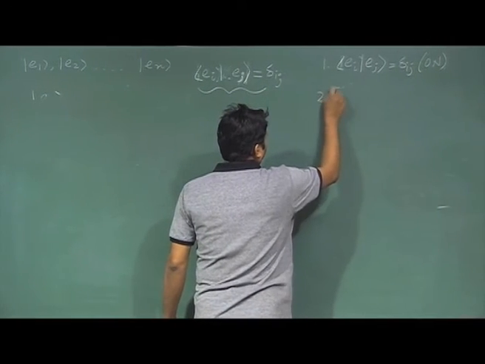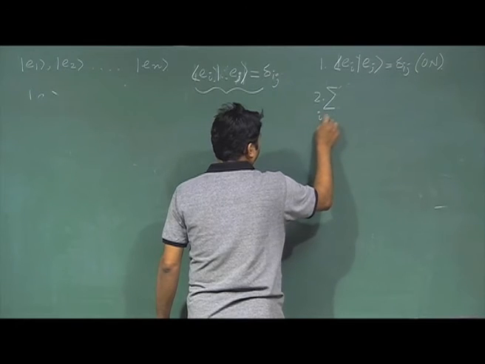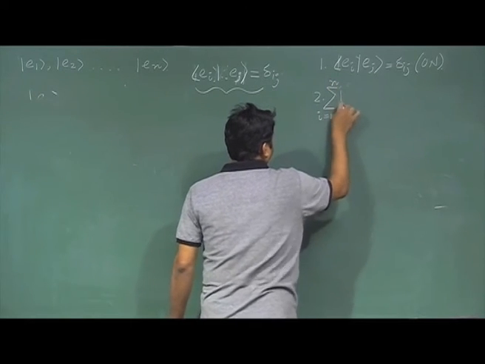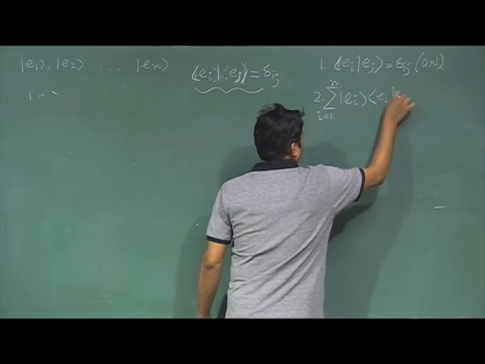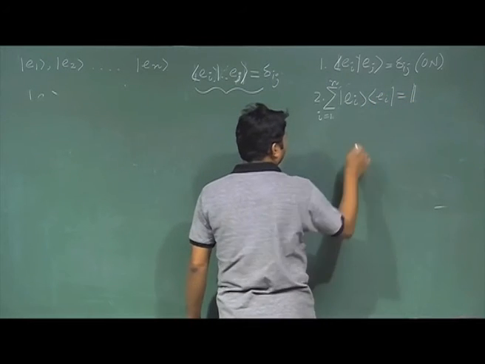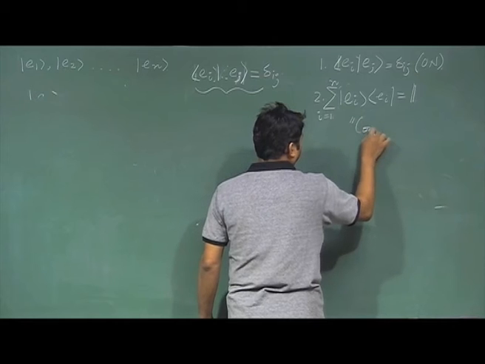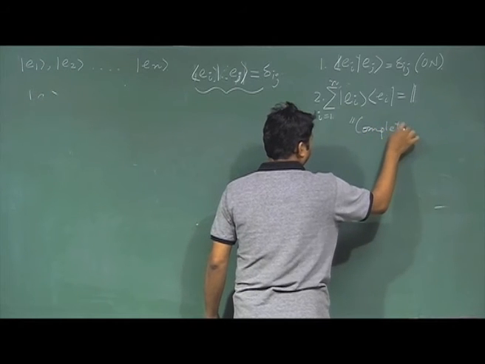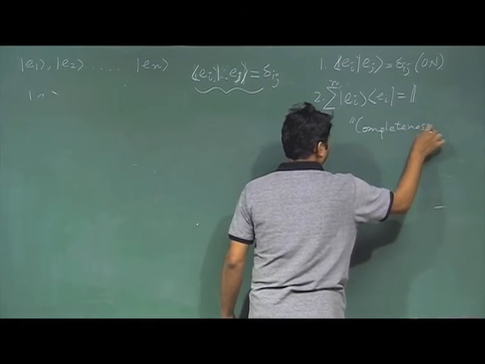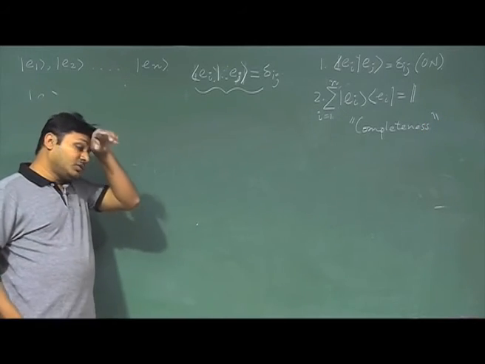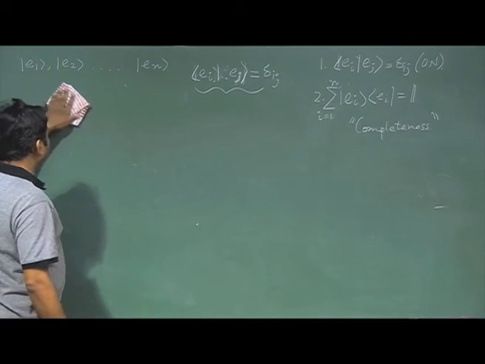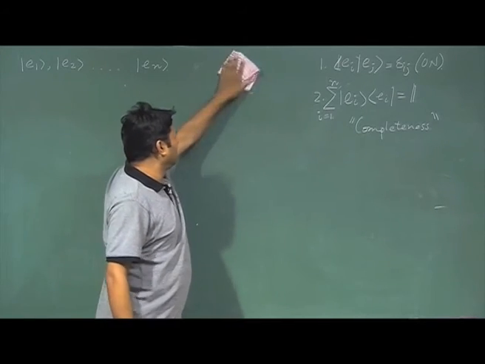The second property is the sum of E_i E_i equals the unit matrix, which is called completeness. Apart from these two, there is another important property that this basis also holds.